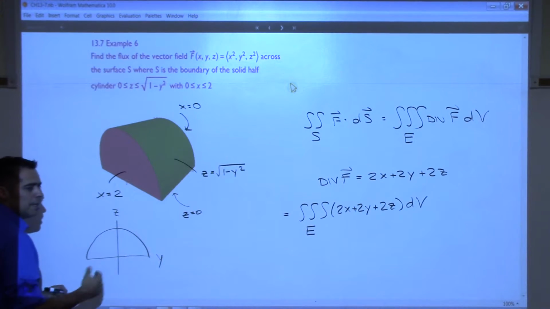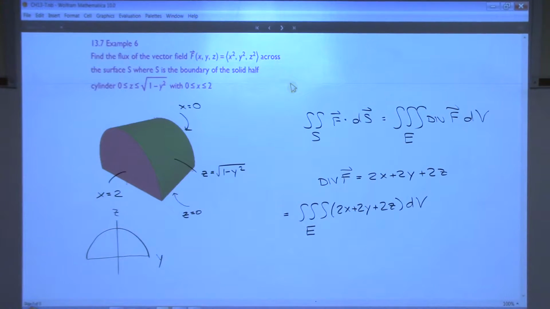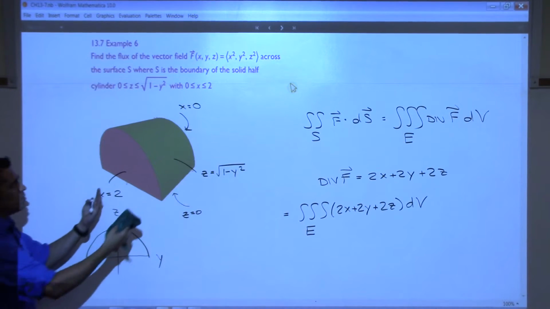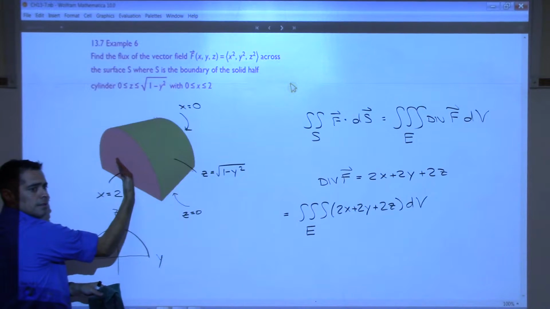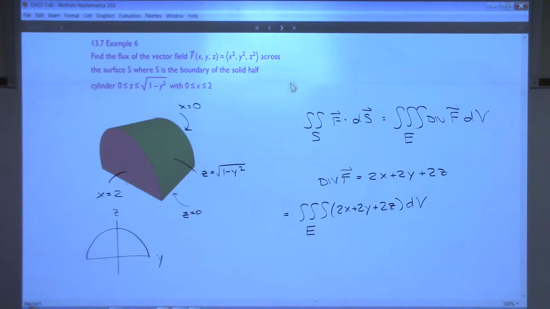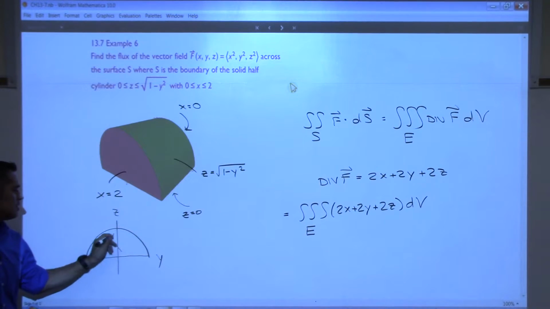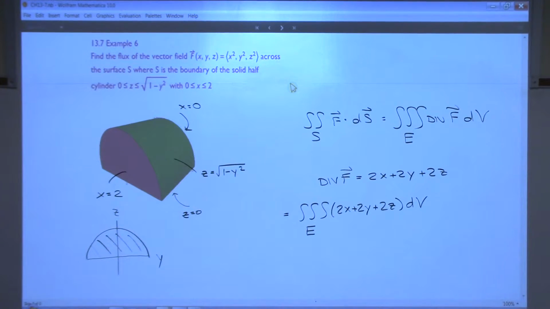The only other thing for me to figure out is what about x? Well, x is what? 0 to 2, right? So that should be easy to control, x between 0 and 2, and I'm done. It's just a matter of converting this region over because it's not a type 1 or a type 2. It's more of a polar region. So you all with me?